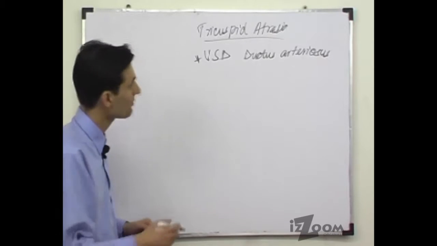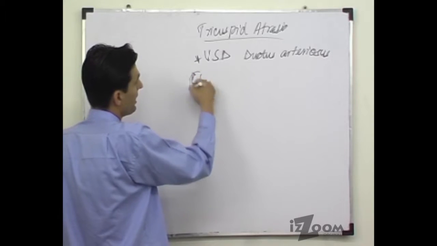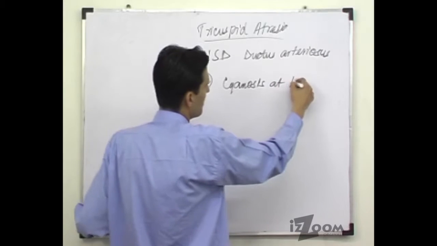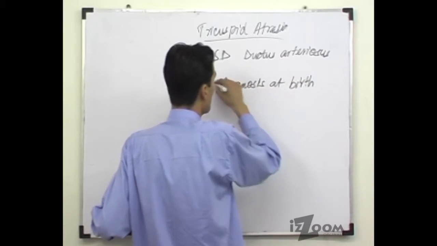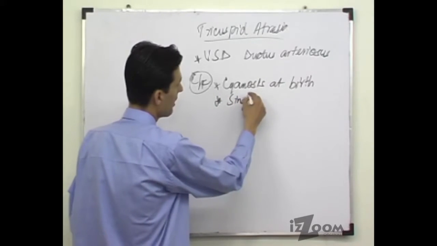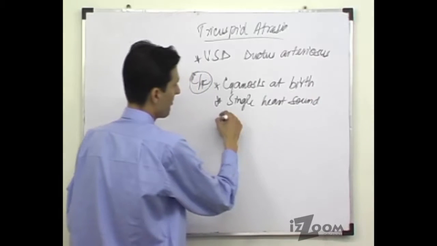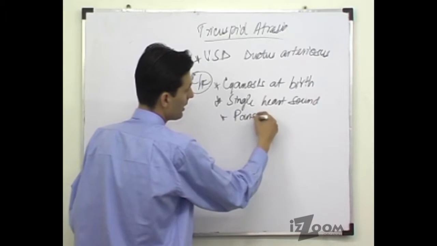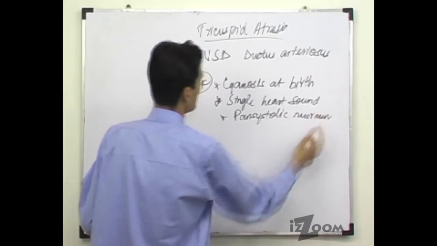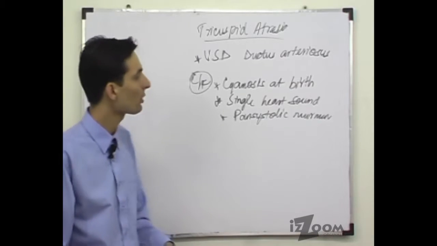They present with cyanosis at birth. Also on examination, there is a single heart sound and a pan-systolic murmur heard along the left parasternal border. So cyanosis is present at birth, a single heart sound, and a pan-systolic murmur.